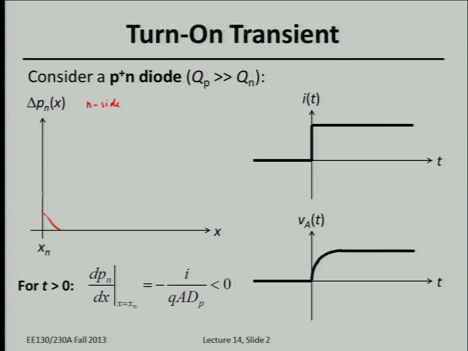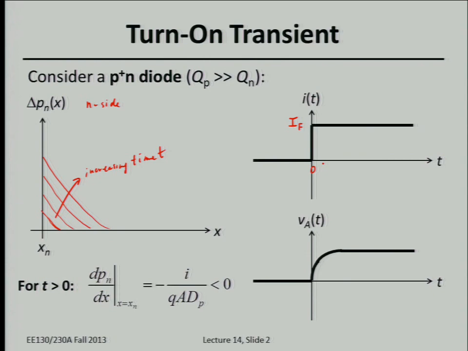So you're going to see something like this, charge building up with time. This is basically what it'll look like with increasing time. What I'm saying is that the circuit will force some forward current to flow through the diode beginning at time t equals 0.